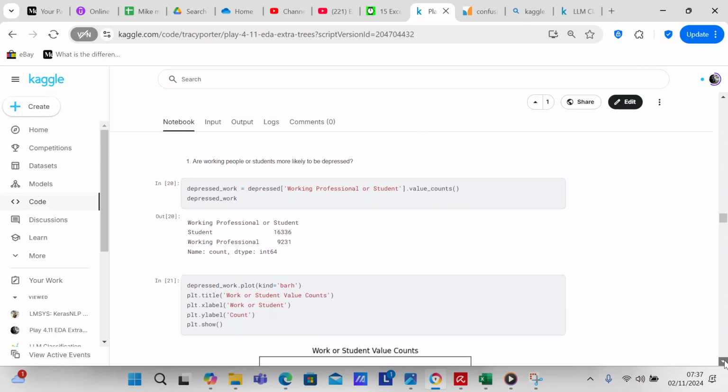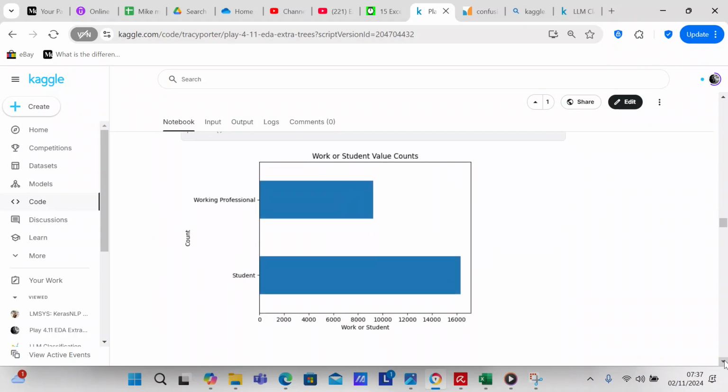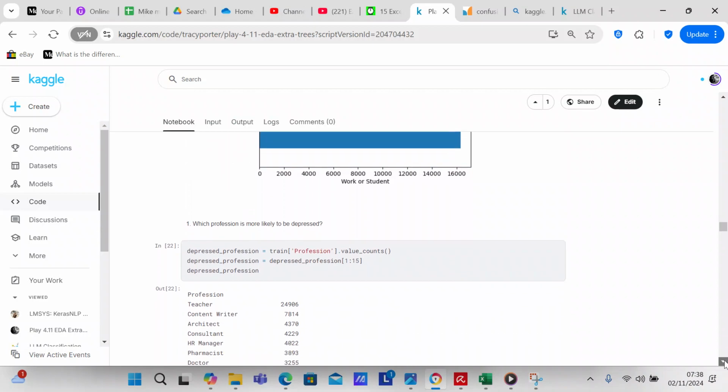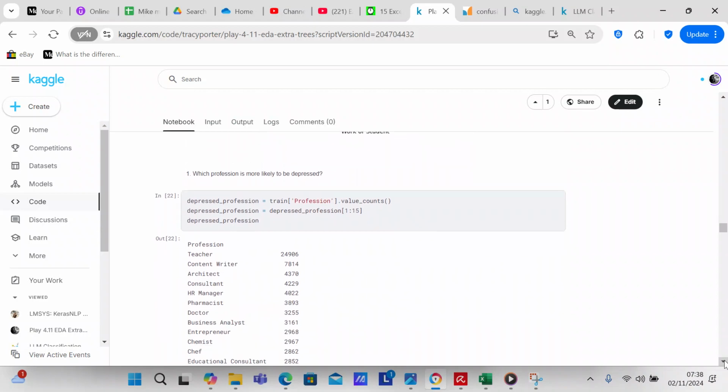And it says in India, students are more likely to be depressed than working people, and there's a significant difference. You can see that students are a lot more depressed than working people. So that was interesting. And then the next question is, which profession is more likely to be depressed?